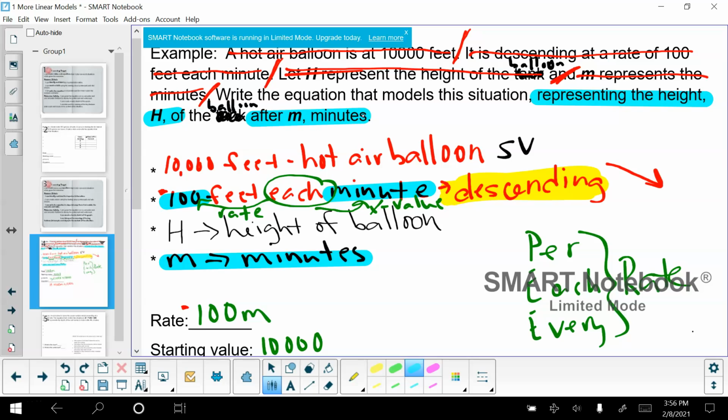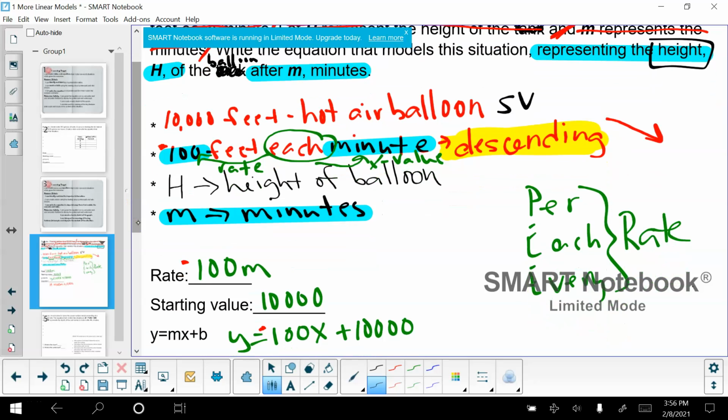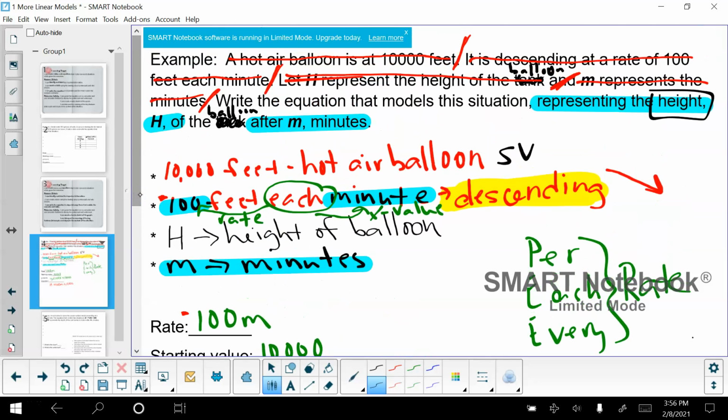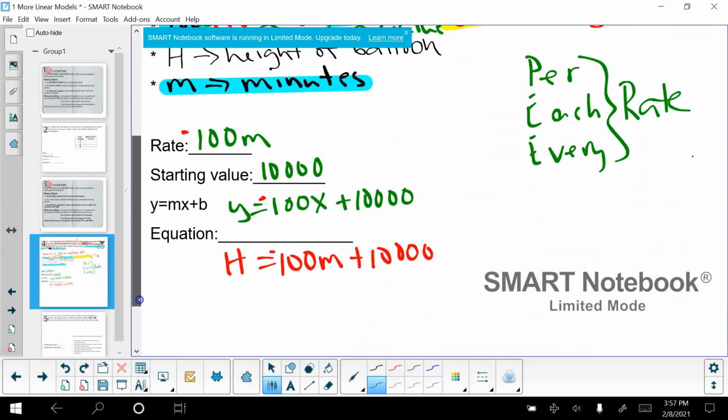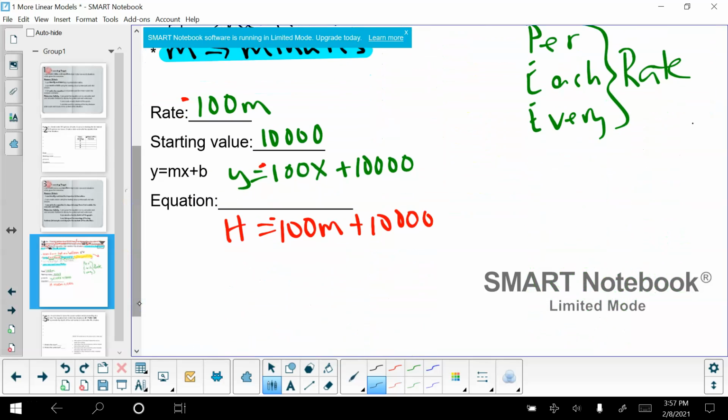Okay, well, when it says write the equation representing height, that means what they're talking about is I want to know what the height equals. So that's why it's h equals. So when they're asking you to write an equation representing a certain element, like the height or the weight or the hours or the days, and they say representing that, that's what you're starting your equation with. So in this case, we're starting our equation with the height.